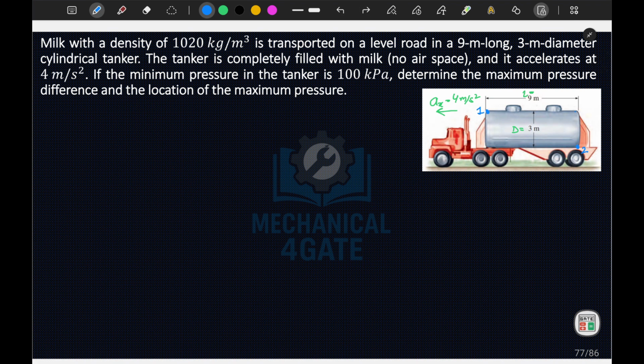We have been given the minimum pressure in the tanker, so P1 is equal to 100 kilopascal. Determine the maximum pressure difference, that is delta P is equal to P2 minus P1, and the location of the maximum pressure.